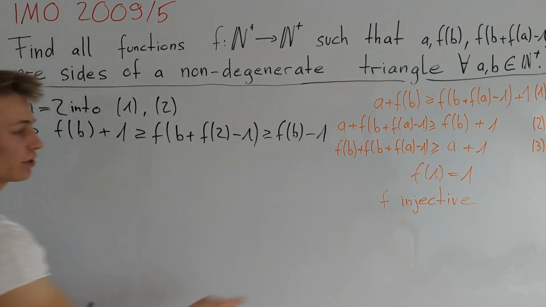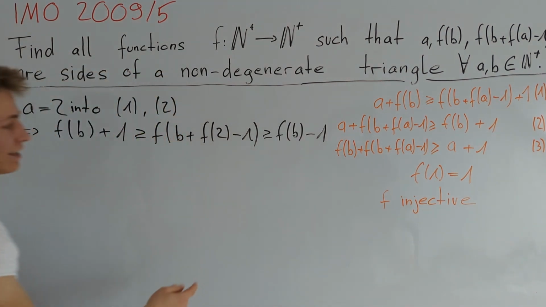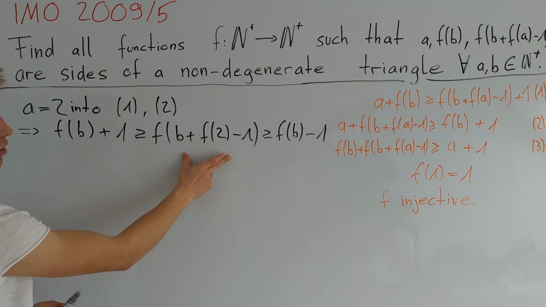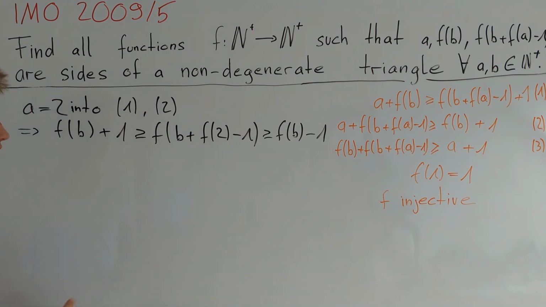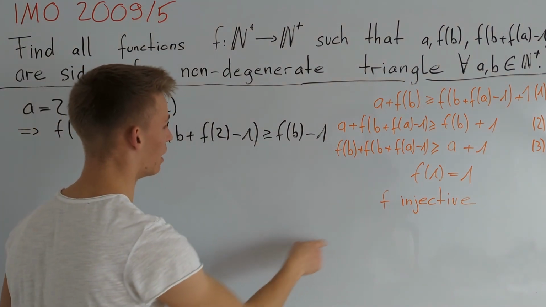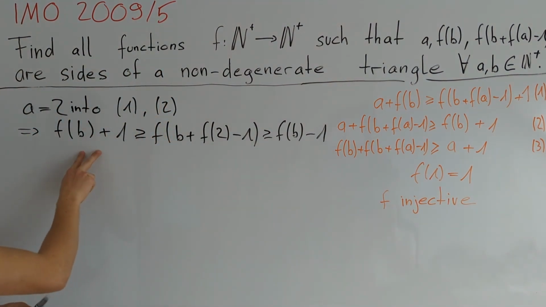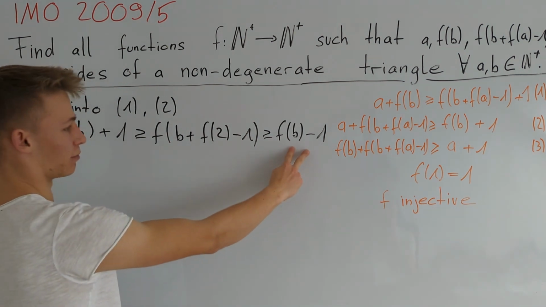Now we remember that f is injective, and therefore f of 2 can't be equal to 1, since f of 1 is equal to 1. Therefore, this term here in the middle is not equal to f of b, and now again, since f is injective, we know that this term here in the middle must be equal to f of b plus 1 or to f of b minus 1.